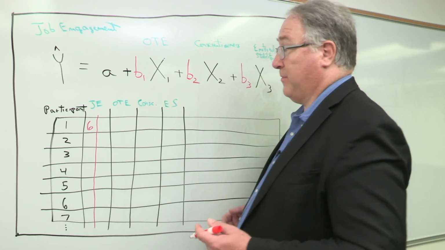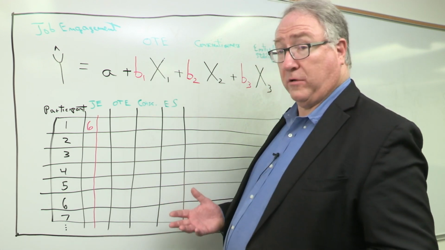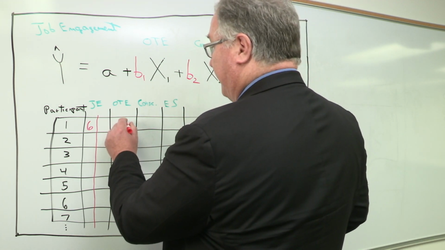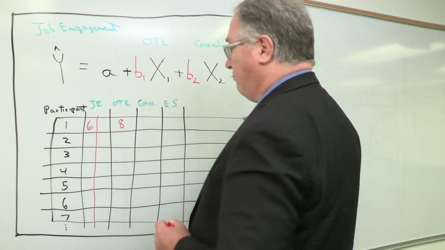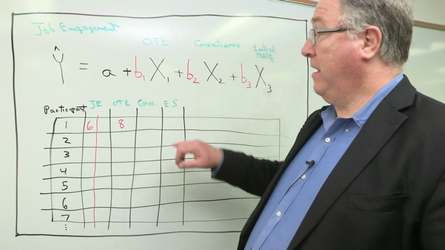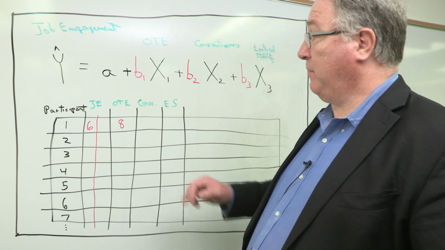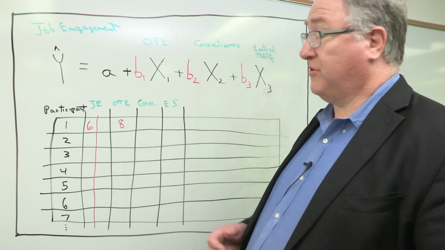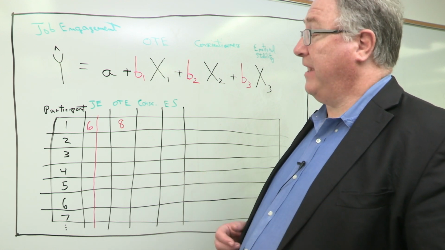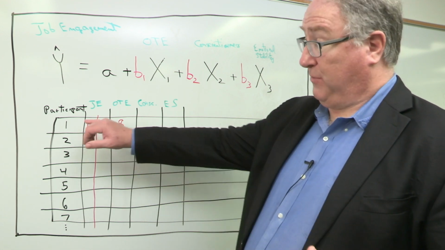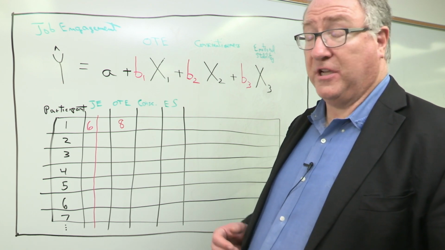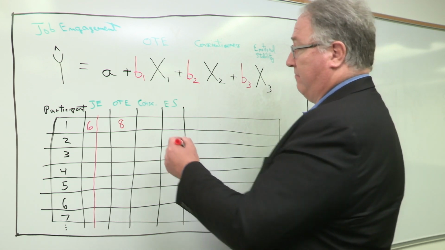Let's say that for participant 1, their score on openness to experience is 8. And that same person, participant 1, on the predictor variable measure for conscientiousness, still on a 1 to 10 scale, let's say that participant 1 got a score of 4.